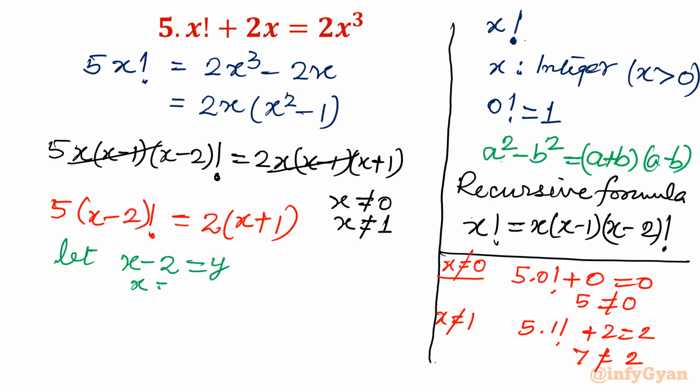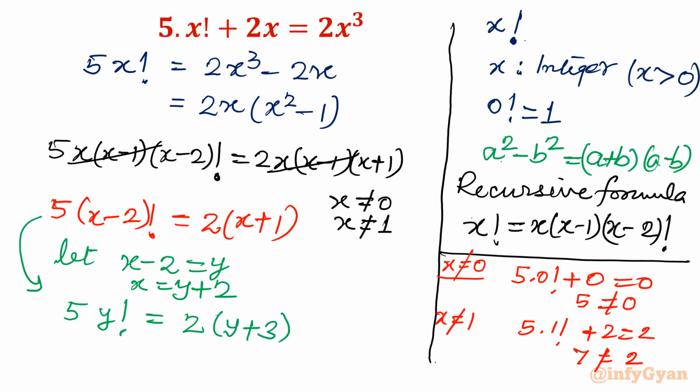So x will be equal to y plus 2. Let's put it over here. It will become 5 times y factorial equal to 2 times (x plus 1), so y plus 3. So I can write 5 times y factorial equal to 2y plus 6.